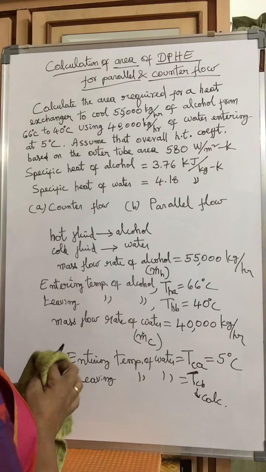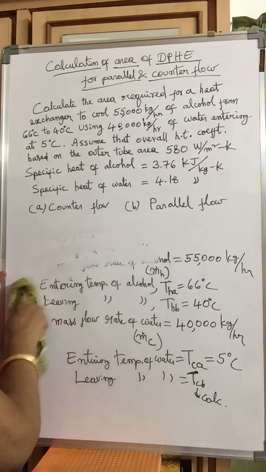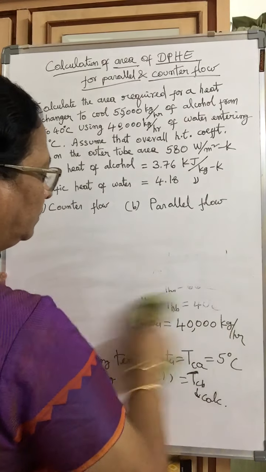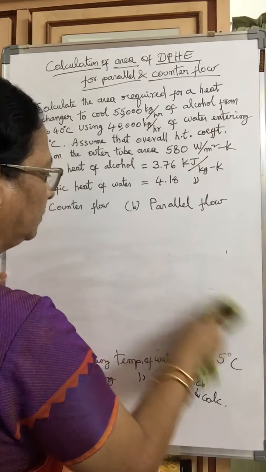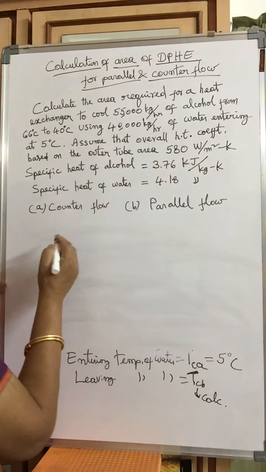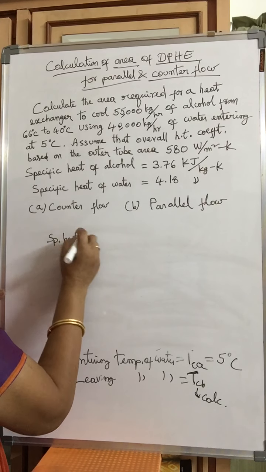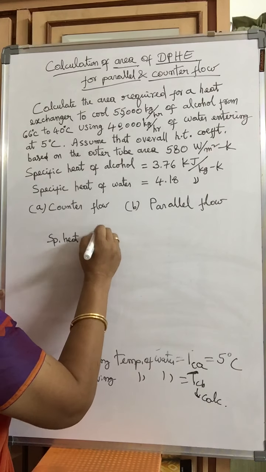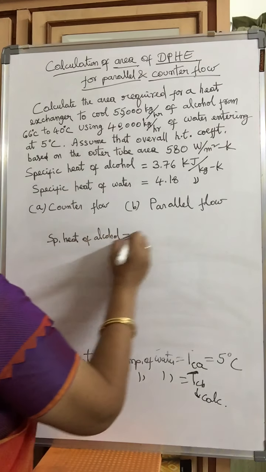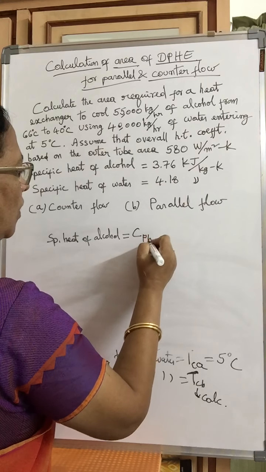What else information is given here? Then the specific heat of alcohol, denoted by Cp, and h is for alcohol, the hot fluid.